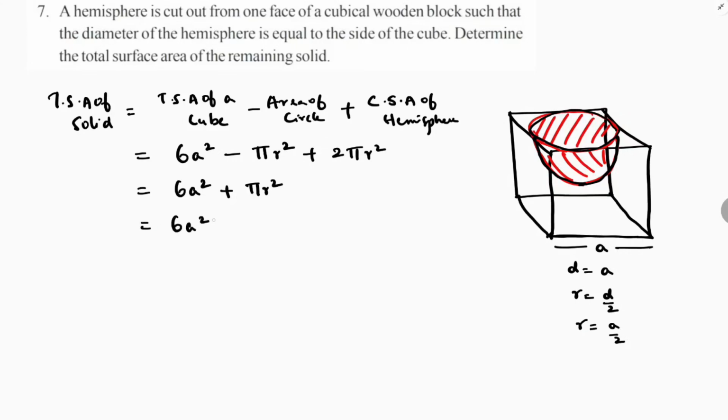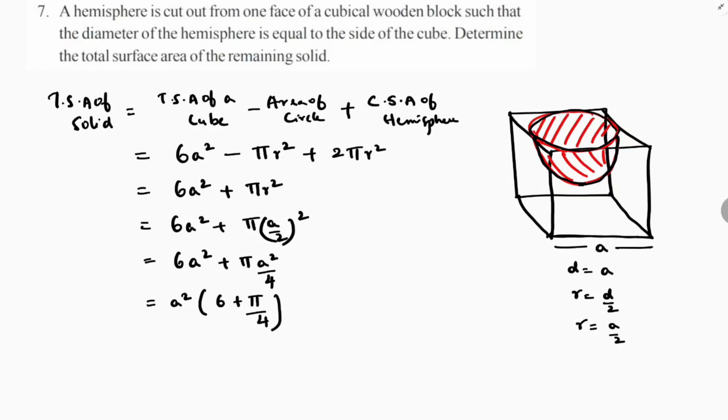So 6a square plus pi a by 2 whole square. So 6a square plus pi a square by 4. If we take a square common, 6 plus pi by 4. If we take it as centimeters, total surface area is a square into 6 plus pi by 4 centimeter square.